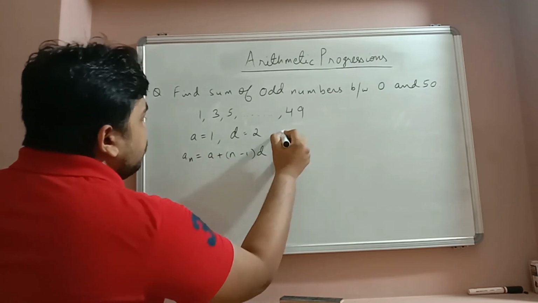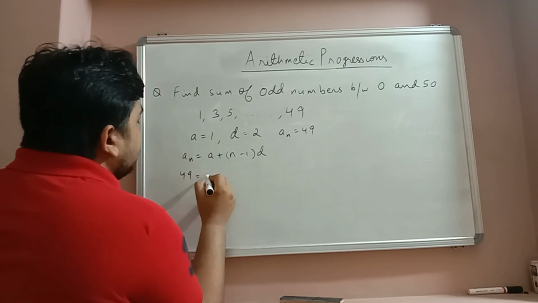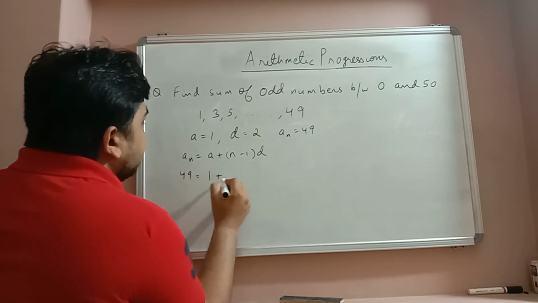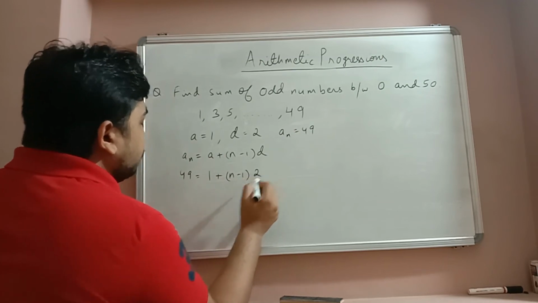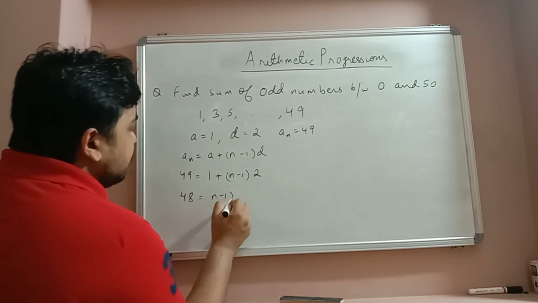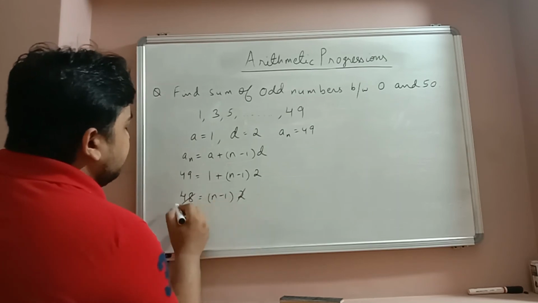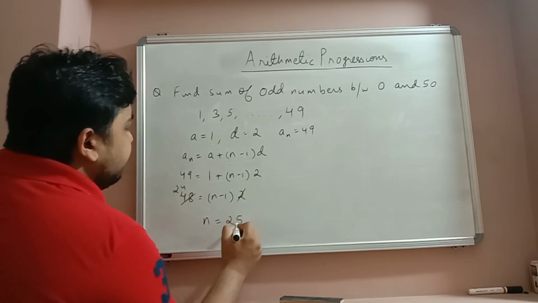Our An is equal to 49. So 49 equals a, that is 1, plus n minus 1 into d. d is 2. So this becomes 48 equals n minus 1 into 2. Now 2 gets cancelled with 48. This becomes 24. And we got n is equal to 25.